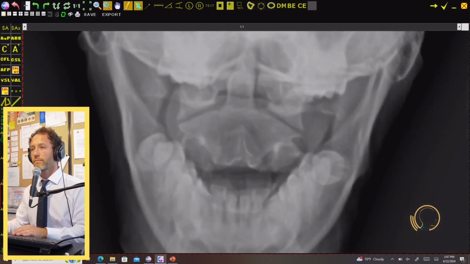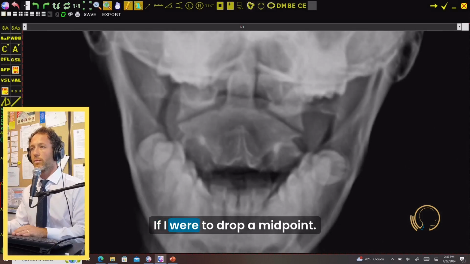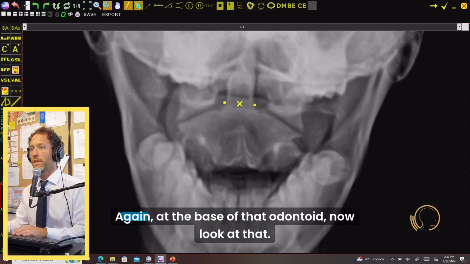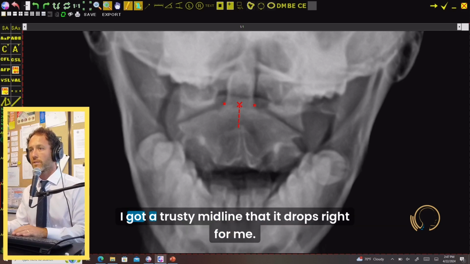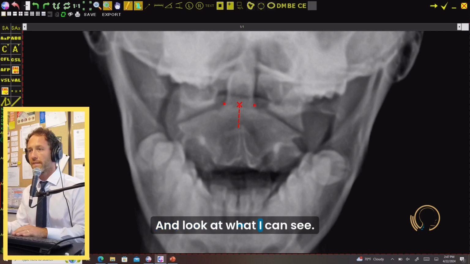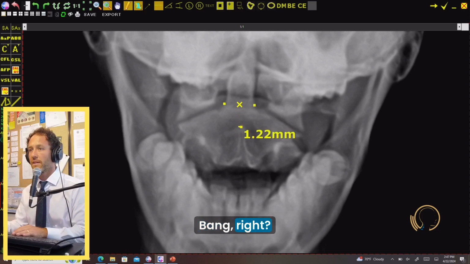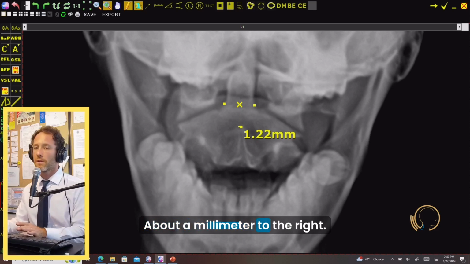If I drop a midpoint, boom, again at the base of that odontoid, look at what I got: a trusty midline that it drops right for me. And look at what I can see: that C2 spinous tip. If I want to be super fancy, I can even measure off of that. Bang, about 1 millimeter to the right.